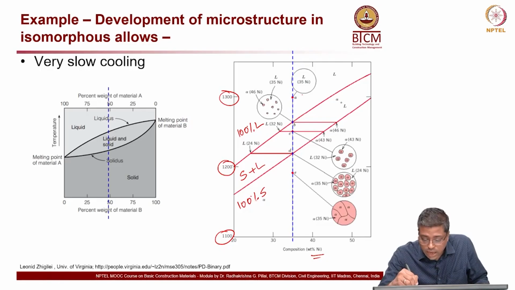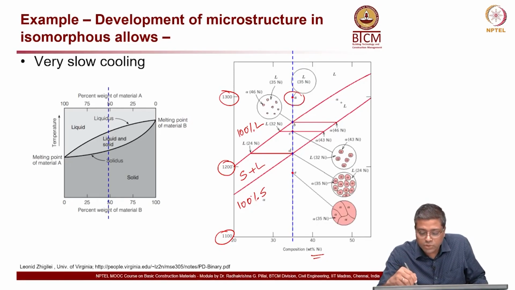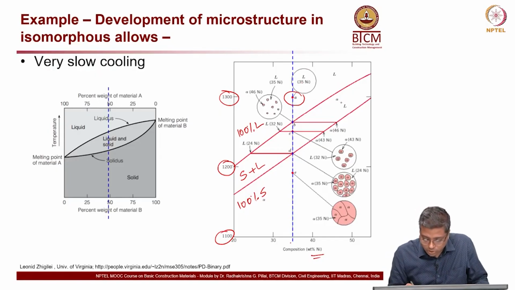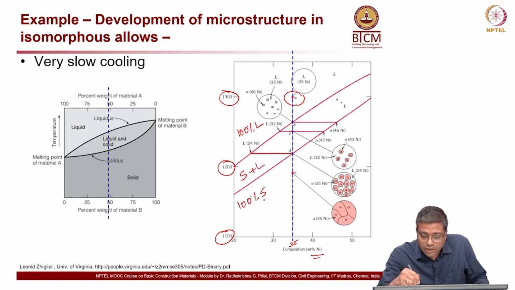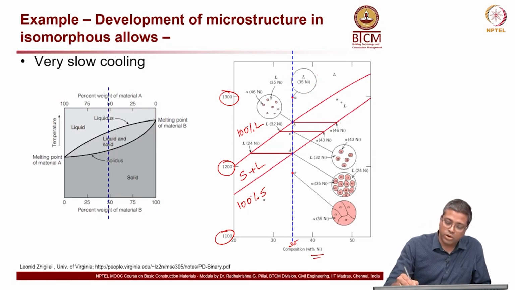So, here you can see the point A has all liquid phase. If I take this point, it is about 35% nickel. The entire thing is liquid, full liquid.